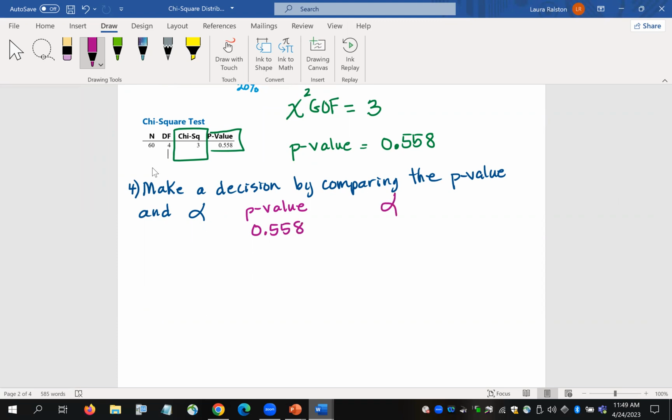Alpha is 0.05. Comparing those digit for digit, the first number after the decimal in the p-value is 5. In the alpha is 0. 5 is greater than 0. P is greater than alpha. Because P is greater than alpha, we fail to reject the null.